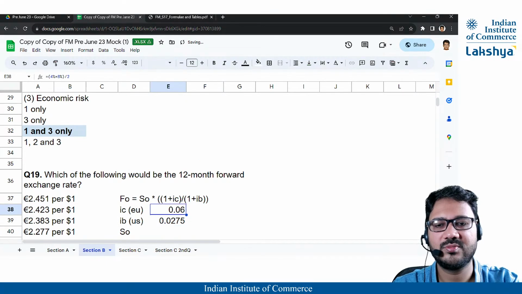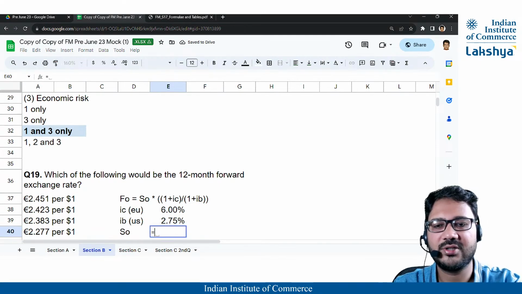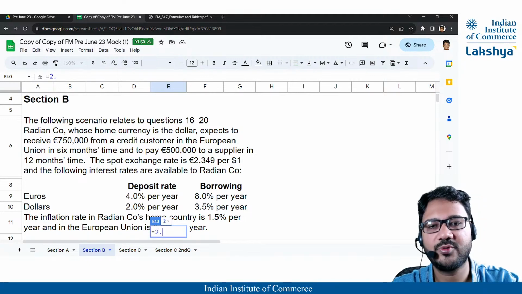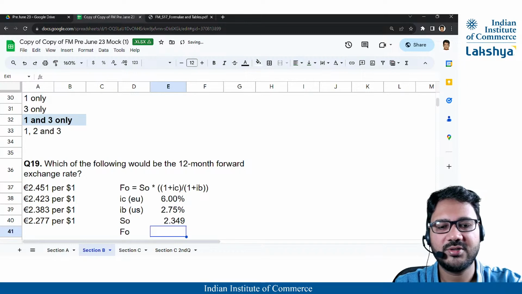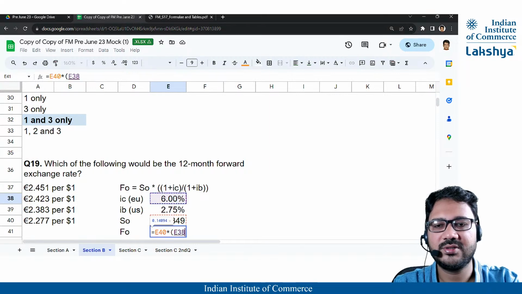So that's 2.75%. What is the spot rate? The spot rate is already given, 2.349 euros per dollar. Okay, so F0 is equal to this into counter currency divided by home currency.